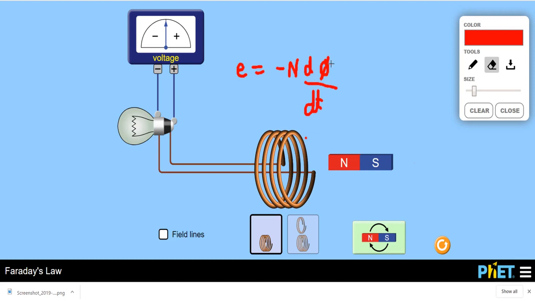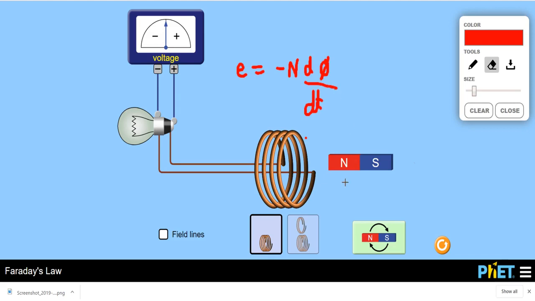Not only this, d phi by dt means how the magnetic flux is changing with respect to time. If d phi by dt is more, it means it is inducing more EMF. D phi by dt more means the change in flux is more with respect to time.